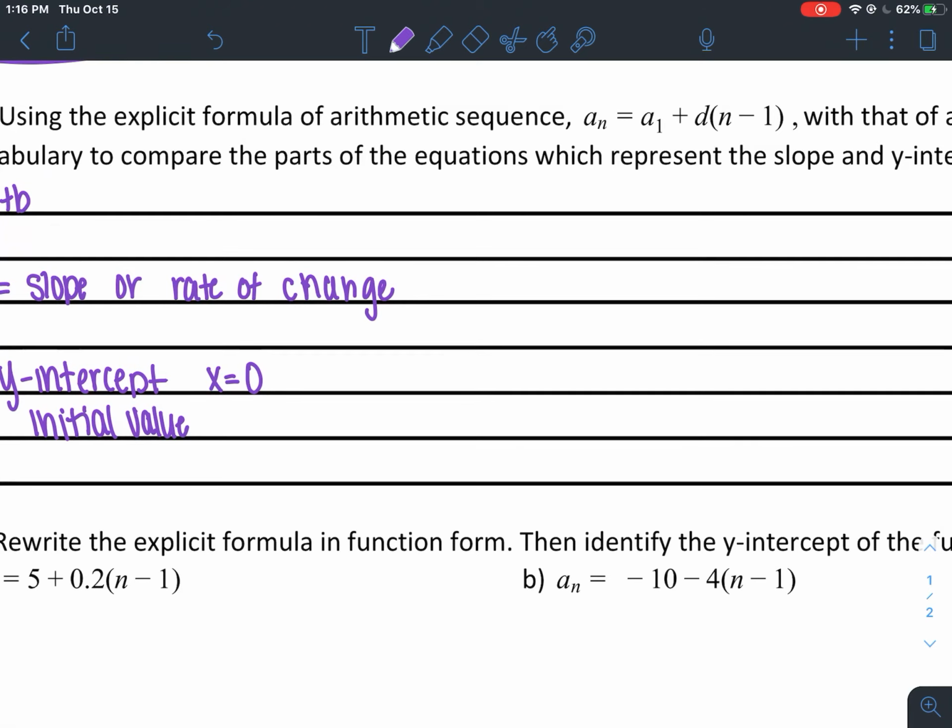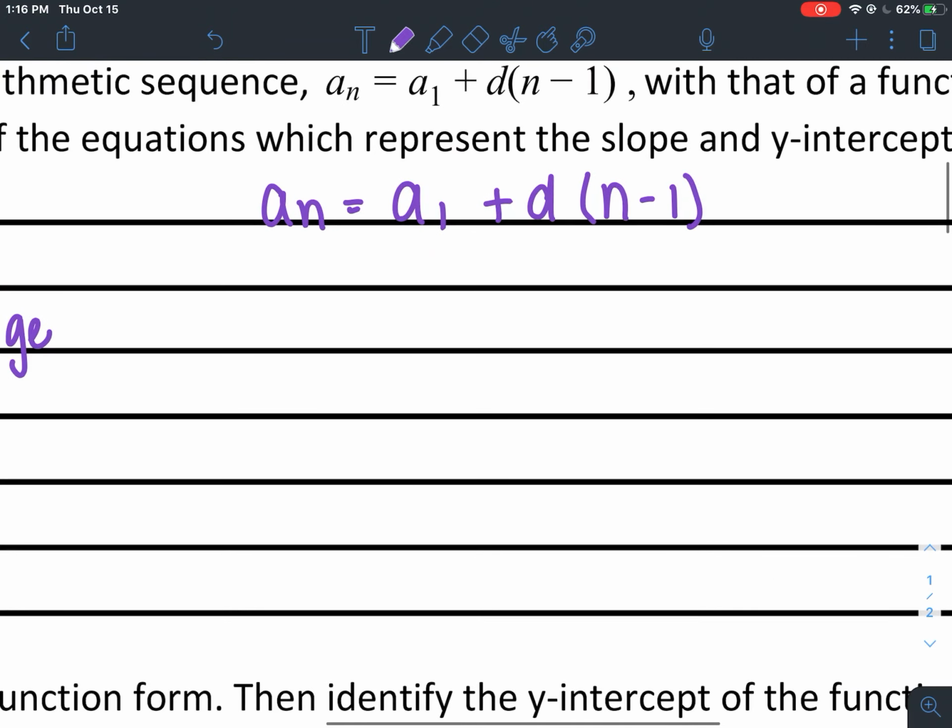Okay, so then the explicit formula of the arithmetic sequence, a sub n equals a sub 1 plus the common difference times n minus 1. So d is the common difference.